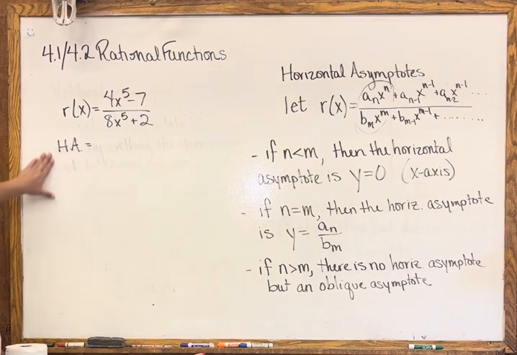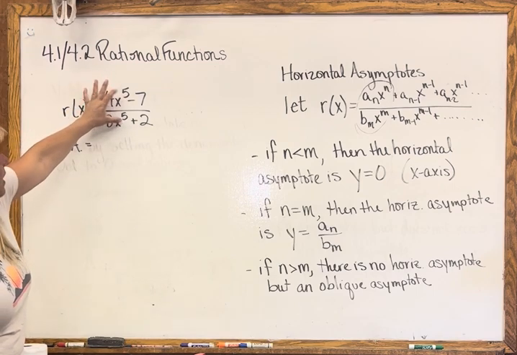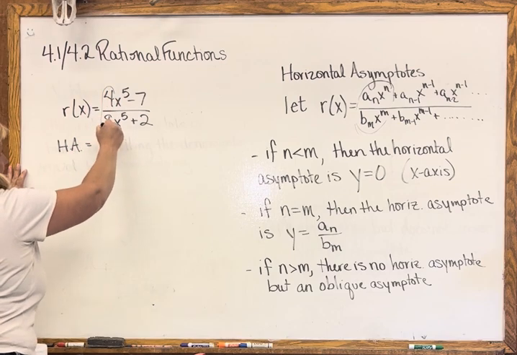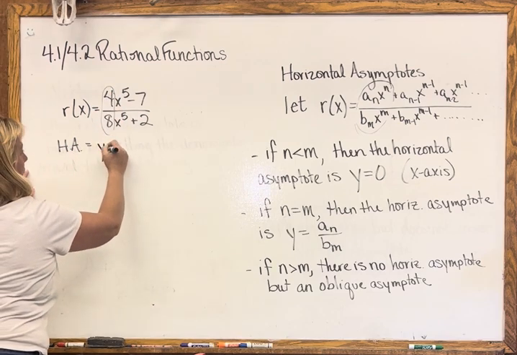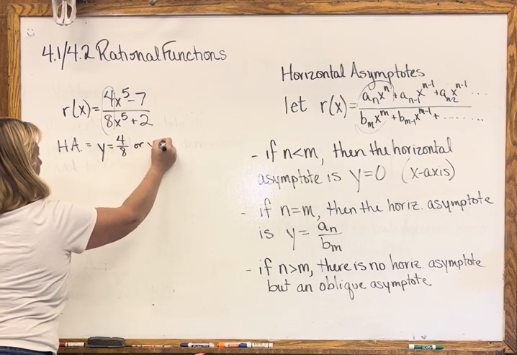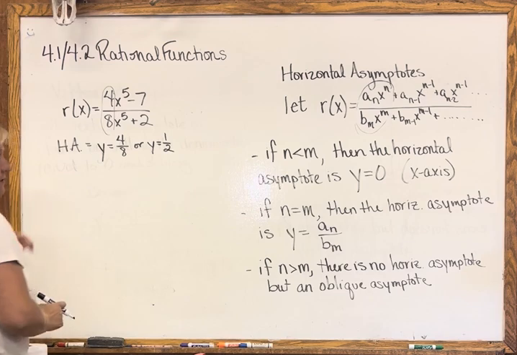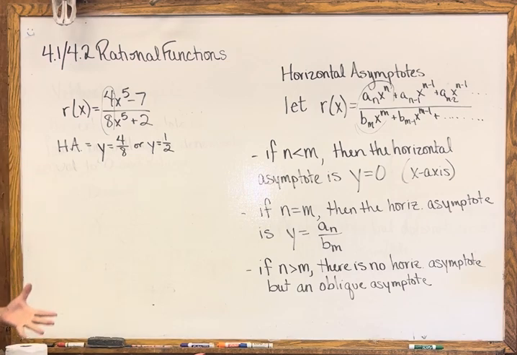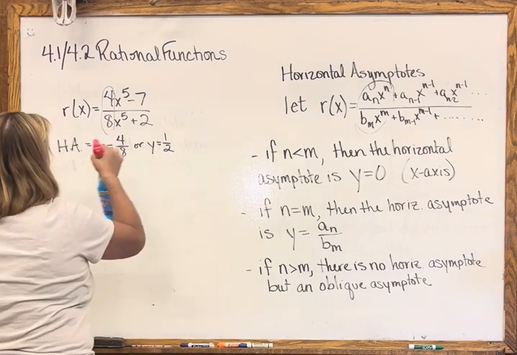So if I'm asking for the horizontal asymptote, we go, oh, same degree on top and bottom, so bring the leading coefficients out in front, and we're going to create y equals 4 over 8, or y equals 1/2. Okie dokie. So unfortunately, I have to erase this so we can draw our graph, but get it written down, push pause, get it written down, and then let's erase and do some graphs.